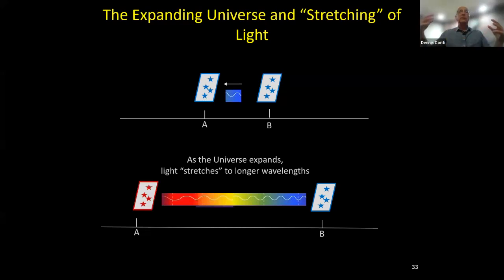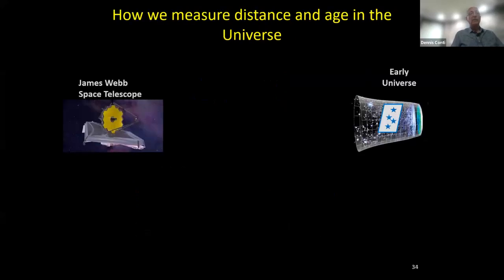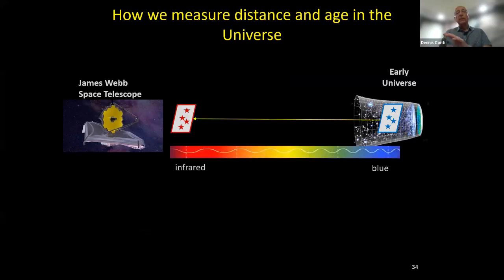So as the universe has expanded, the blue stars that started out at B now arrive at A in the infrared. And so this is how James Webb, for example, if in the early universe we had blue stars, as the universe has stretched over time, when those blue stars arrive at James Webb, they're in the infrared.